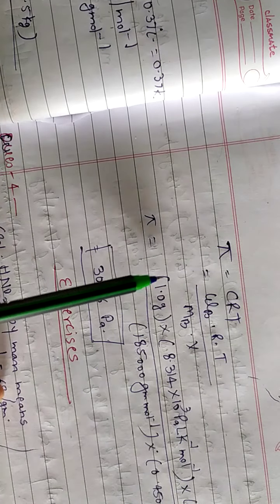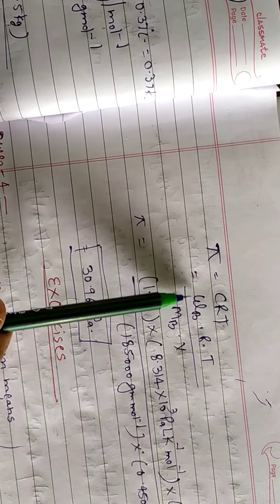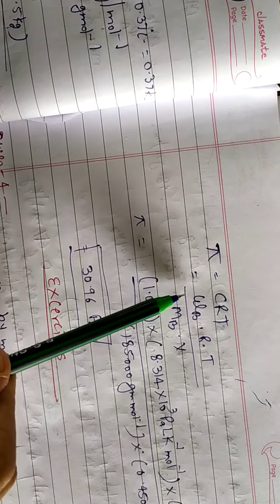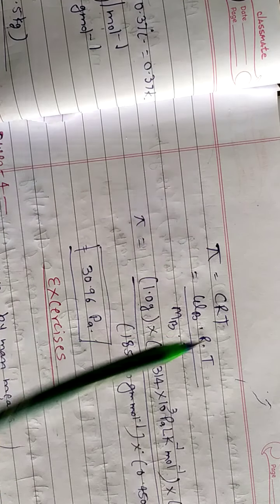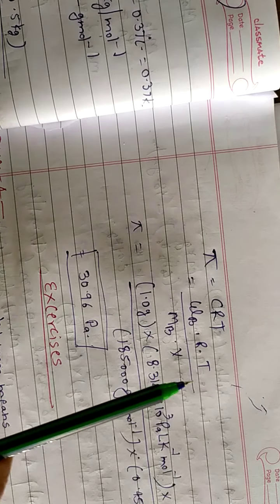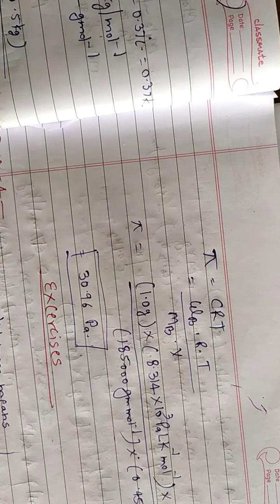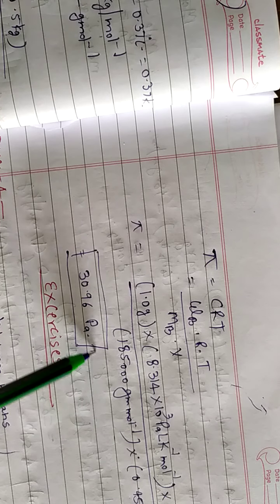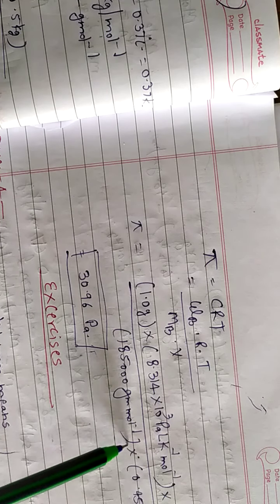Now pi is equal to CRT, right? See here, molar concentration: I can calculate this concentration as W by MB, that is weight upon molar mass.